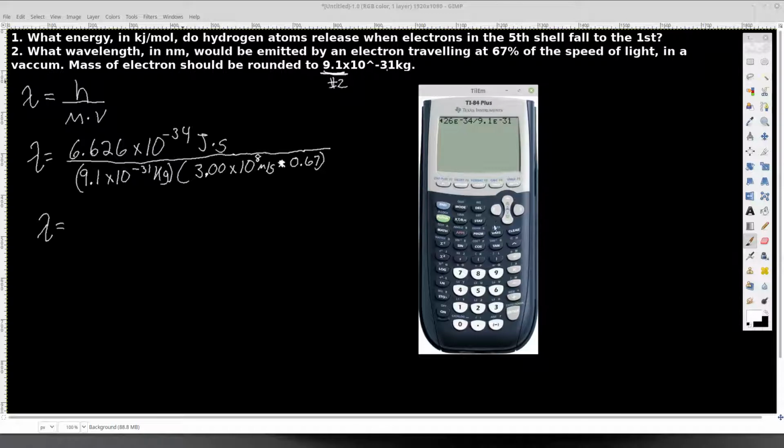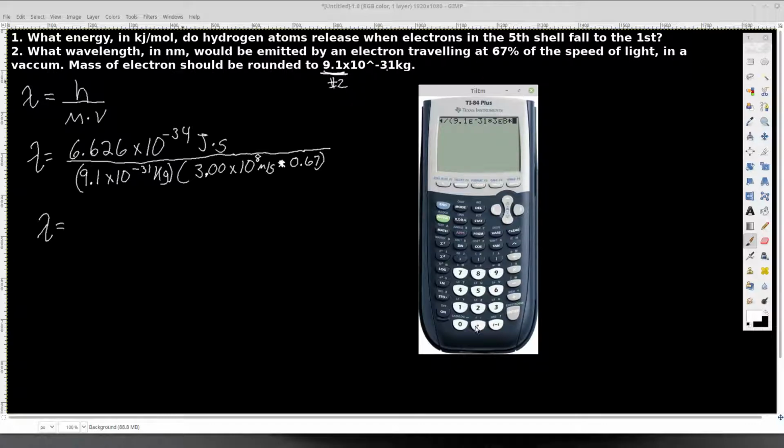Okay. Oh, I might want to use a set of parentheses on my denominator since I've got multiple terms in the denominator. So, second insert. Let me put my parentheses in. There we go. Parentheses. 9.1 times 10 to the negative 31 times 3.00 times 10 to the 8th. That's the speed of light. But remember, I only need 67% of that.